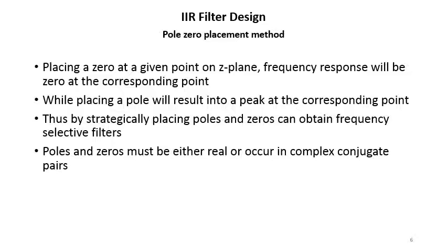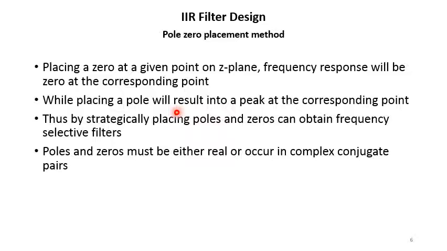So by placing a zero at a given point on the Z plane, the frequency response will be zero at the corresponding point. Similarly, placing a pole will result in a peak at the corresponding point. Thus, by strategically placing poles and zeros, we can obtain frequency selective filters.